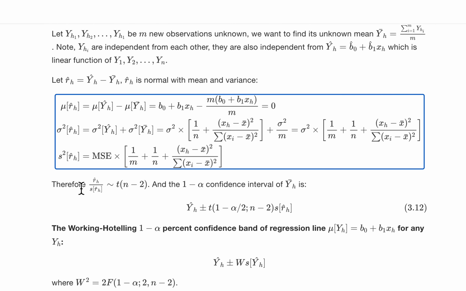So SSTO is the sample variance of the Y_i terms, and the last term SSE, no matter whether b1 is 0 or not, always has a chi-square distribution, as proved in the previous theorems. So under the null hypothesis, SSTO divided by sigma squared is chi-square with n-1 degrees of freedom, and SSE divided by sigma squared is chi-square with n-2 degrees of freedom.